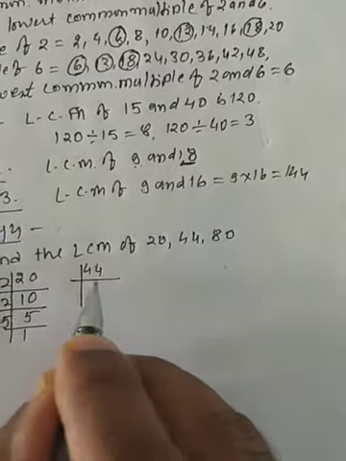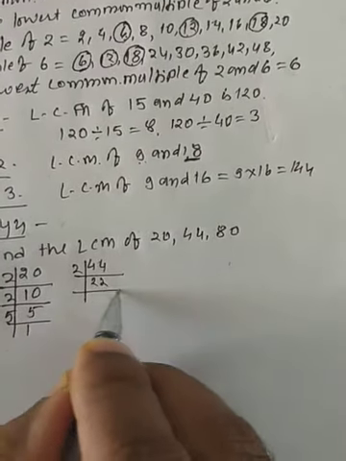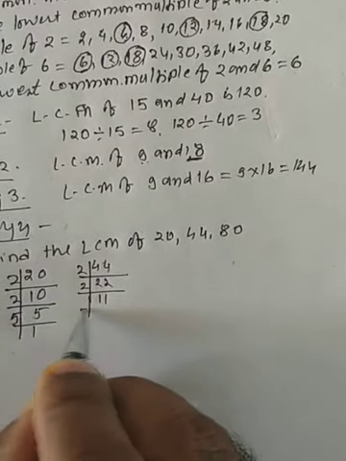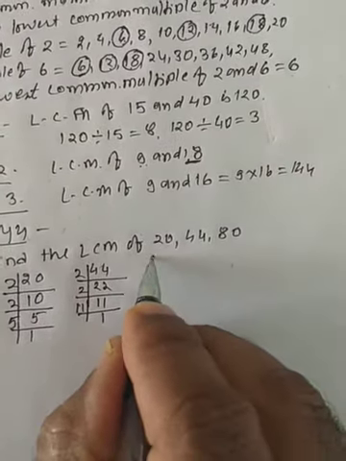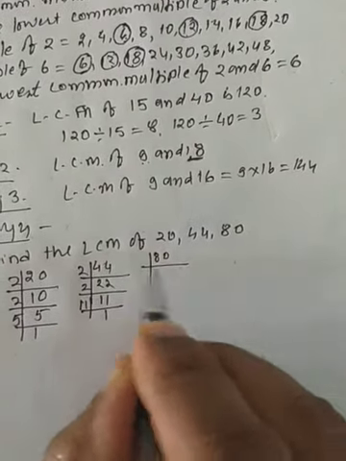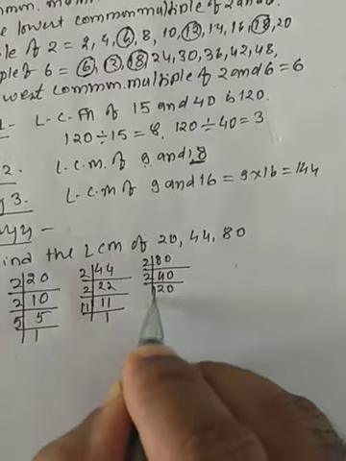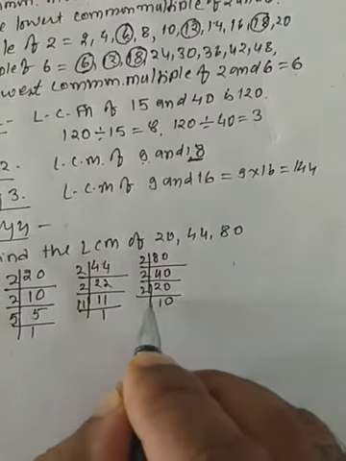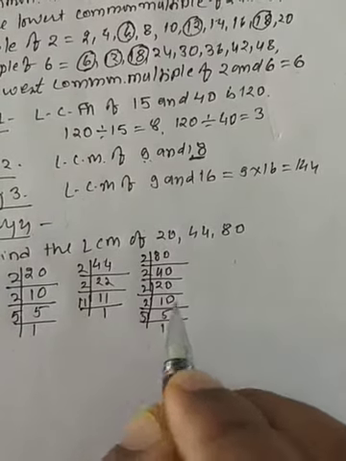The prime factors of 44: 2, 22, 2, 11, 11, 1. Prime factors of 80: 2, 40, 2, 20, 2, 10, 2, 5, 5, 1.